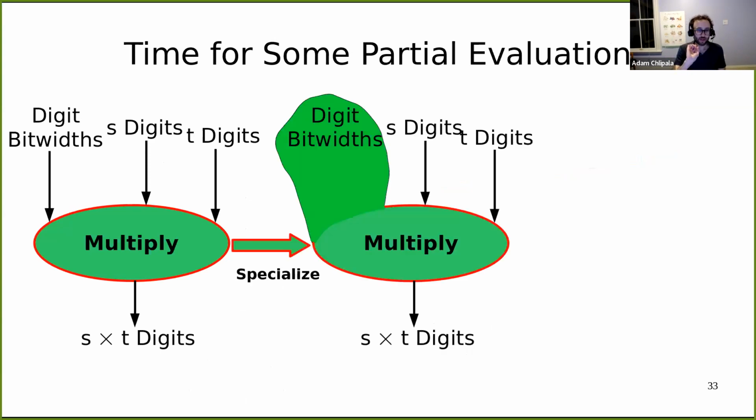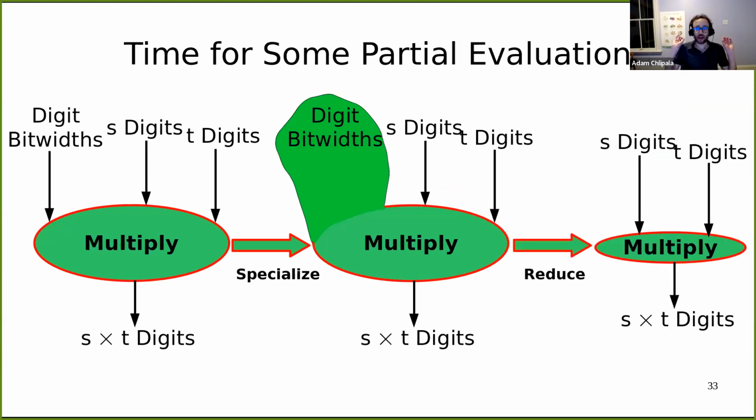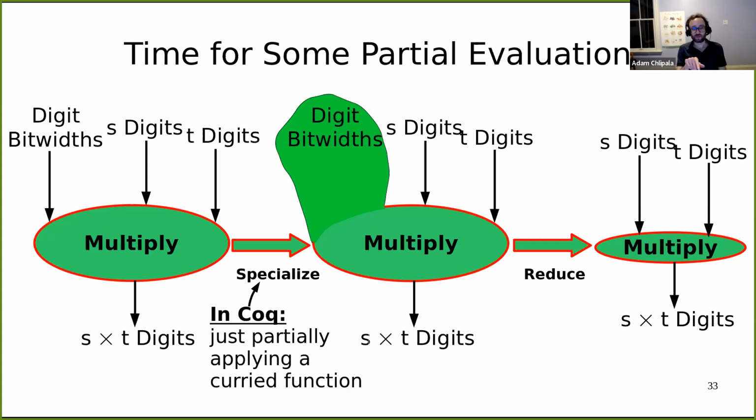So we then specialize that to the compile time parameters, and then algebraically simplify it to take advantage of new information to get a nice lean multiply that handles just the scenario that we care about. Here's where I'm going to geek out a bit for the people who know about functional programming or formal methods and mention that the first specialized step can really be handled as just partially applying a curried function.